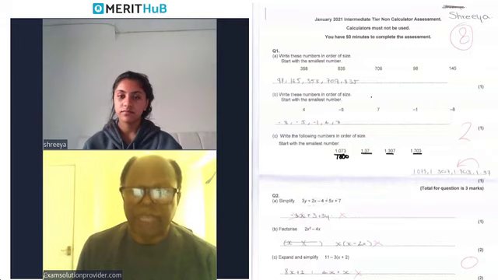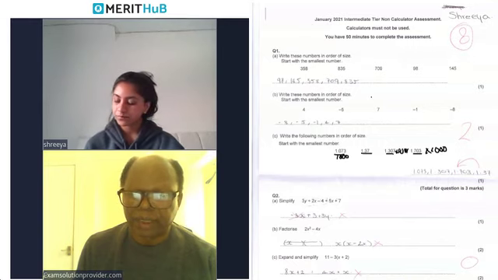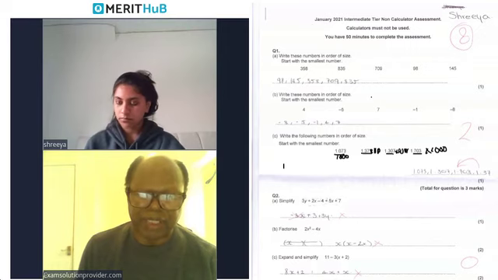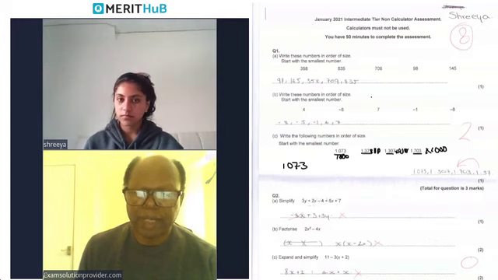So you take the longest. The longest is these ones, because there are 3, 3, 3. This shows you what you need to multiply with. So you multiply each one of them with 1,000. If we multiply the first one with 1,000, it becomes 1073.